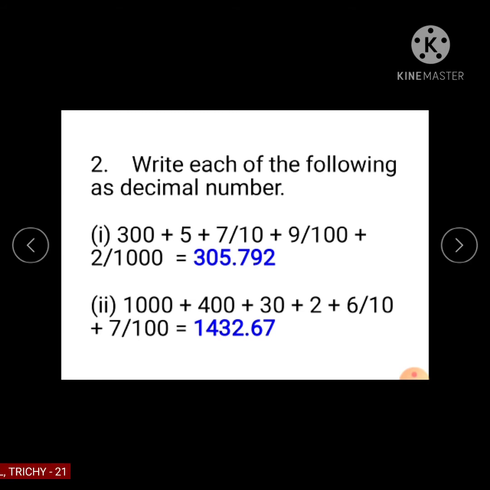Subdivision 2. 1000 plus 400 plus 30 plus 2 plus 6 by 10 plus 7 by 100 equal to 1432.67.